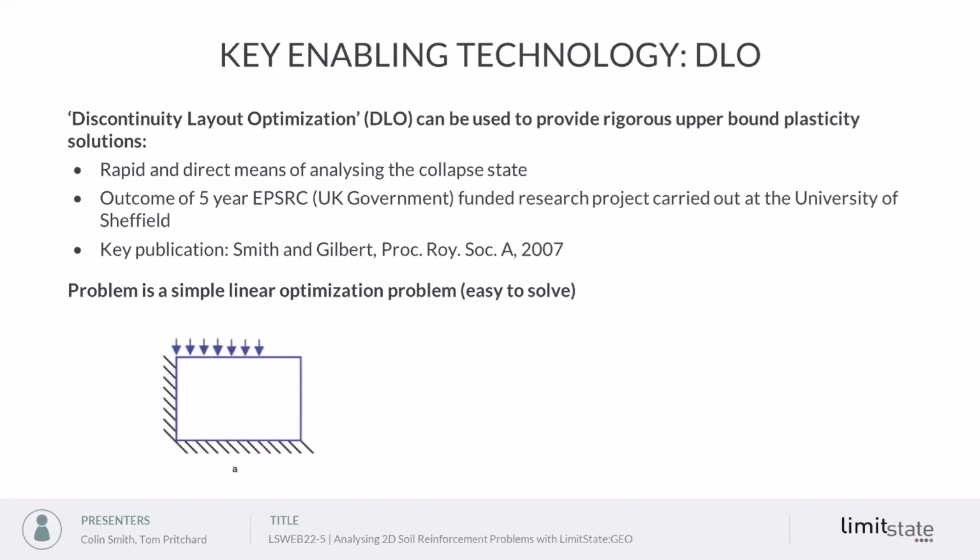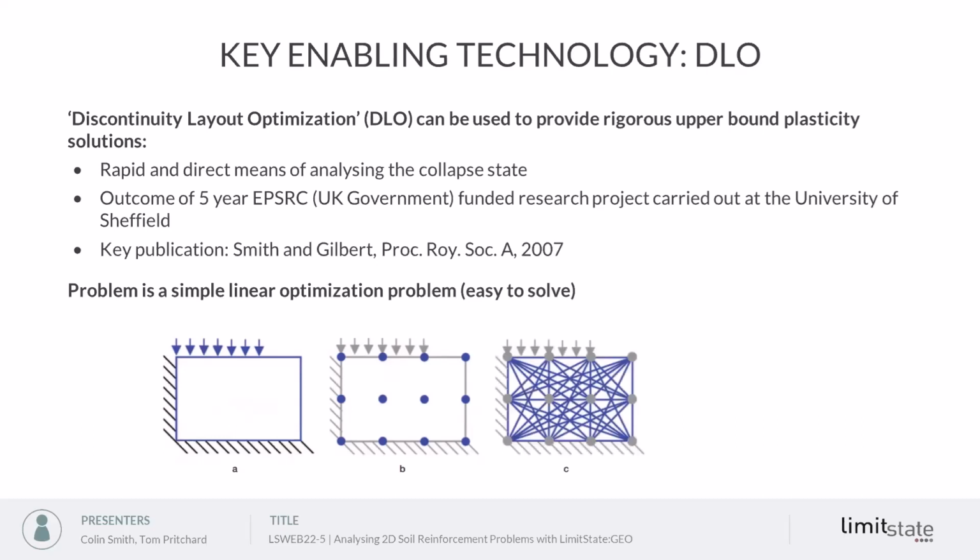So we'll look at a very simple problem of just a rectangular block of soil. We've got a load on the surface and fixed boundaries to the left and to the base. In contrast to finite element methods, where we discretize that body into a set of elements, we populate the problem with a set of nodes. So here we've used a 3x4 array of nodes.